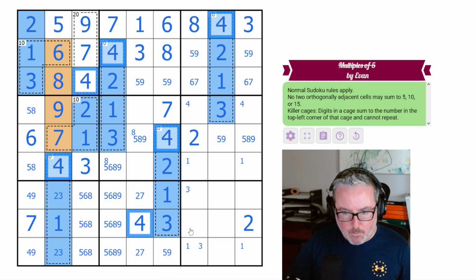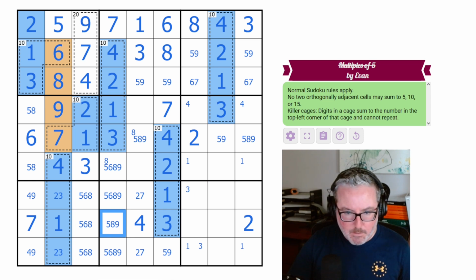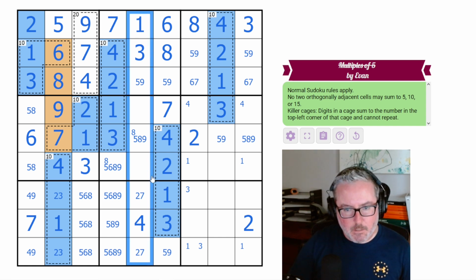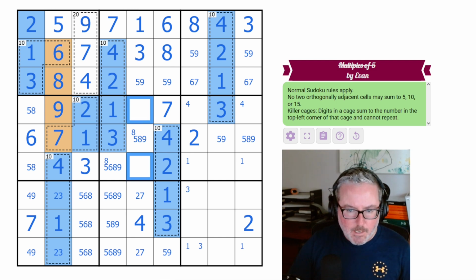Now, can we take that 4 any further? Well, this can't be a 6, we can say that. What does that do for this column, maybe? Because we have to have 5, 6, 8, and 9.